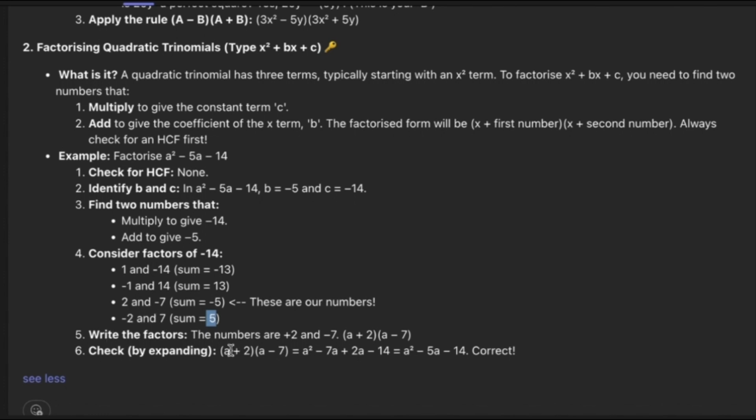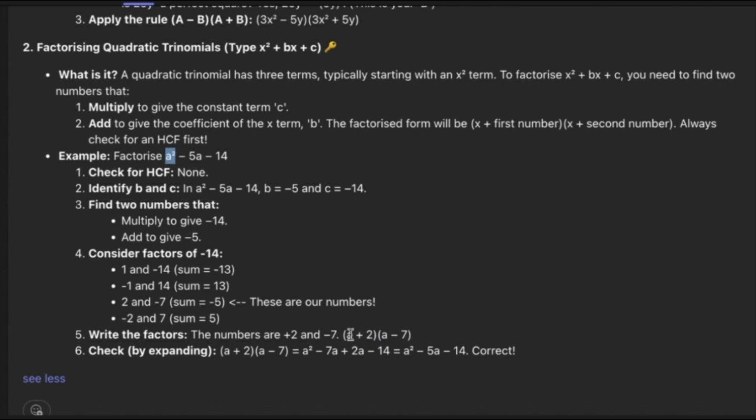Okay, then we write these numbers in our brackets, positive 2 and negative 7, and we know that a times a gave us a squared. Okay, we can always check by multiplying the first and the first together. It gives us a squared.